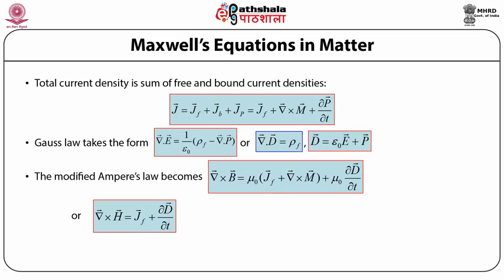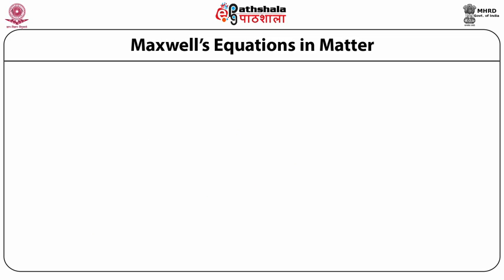So this can be rewritten as curl of the magnetic field vector H is equal to the current density vector J_F plus the time variation of the electric displacement vector D, where the magnetic field intensity vector H is equal to 1 upon mu naught times the magnetic field induction vector B minus the magnetization vector M. One can also see that the other two of the Maxwell's equations are not affected by this change of definition of the charge density and the current density, as they do not contain any sources.